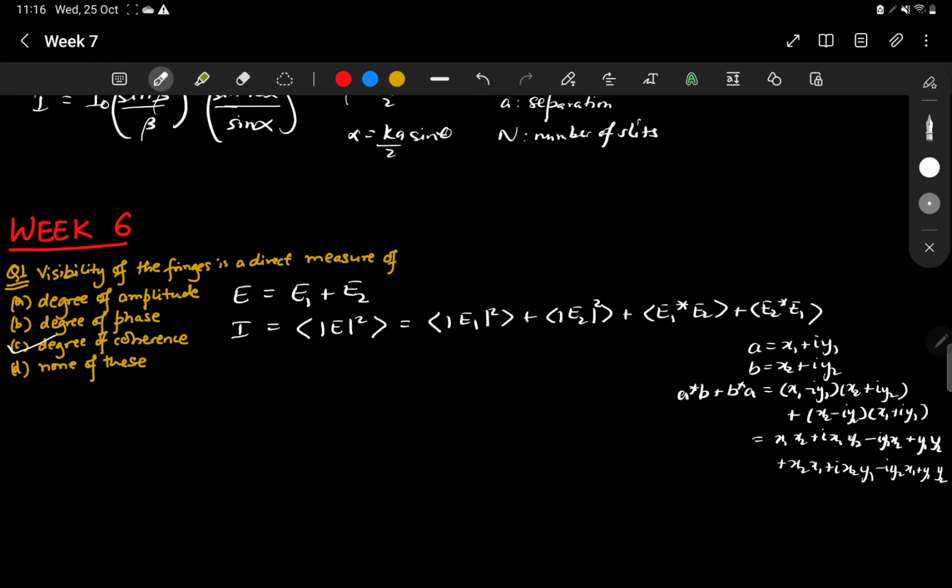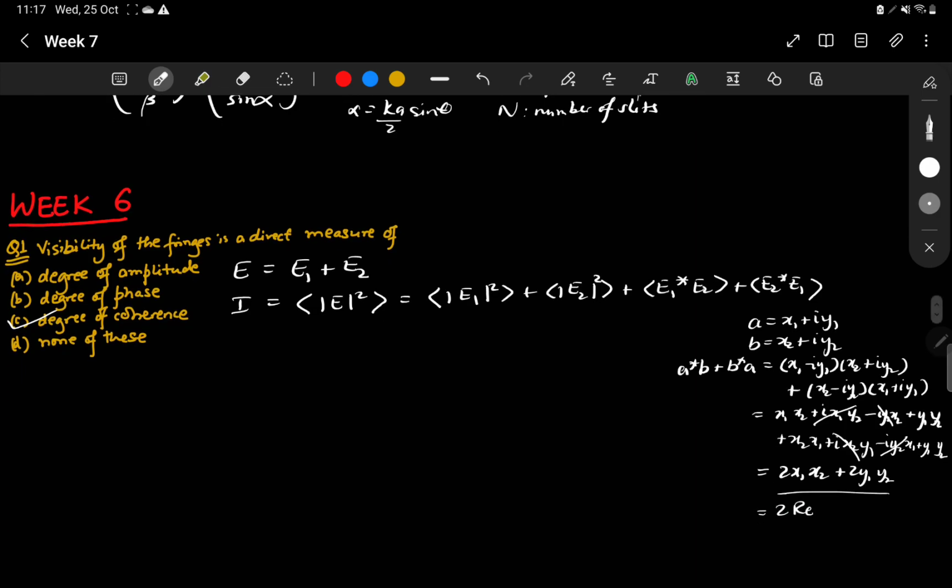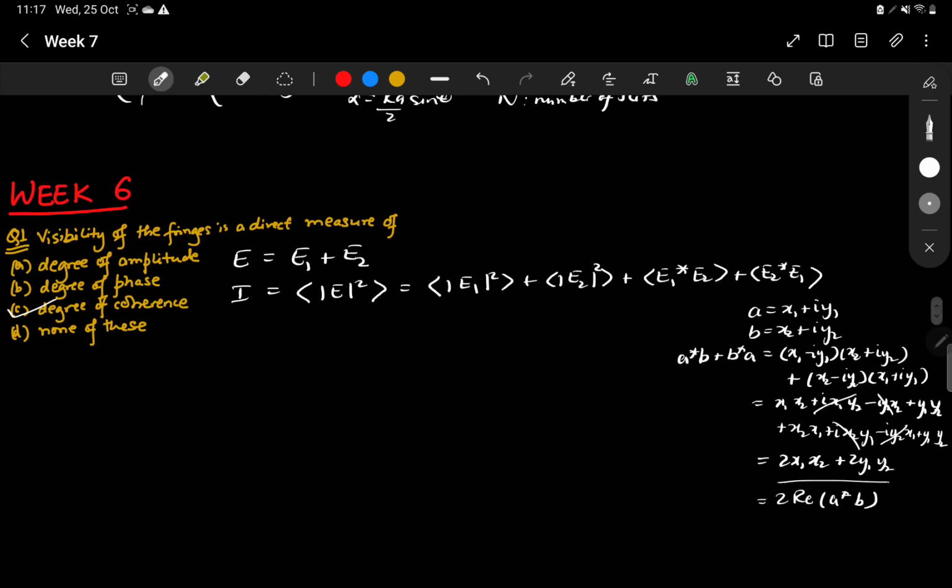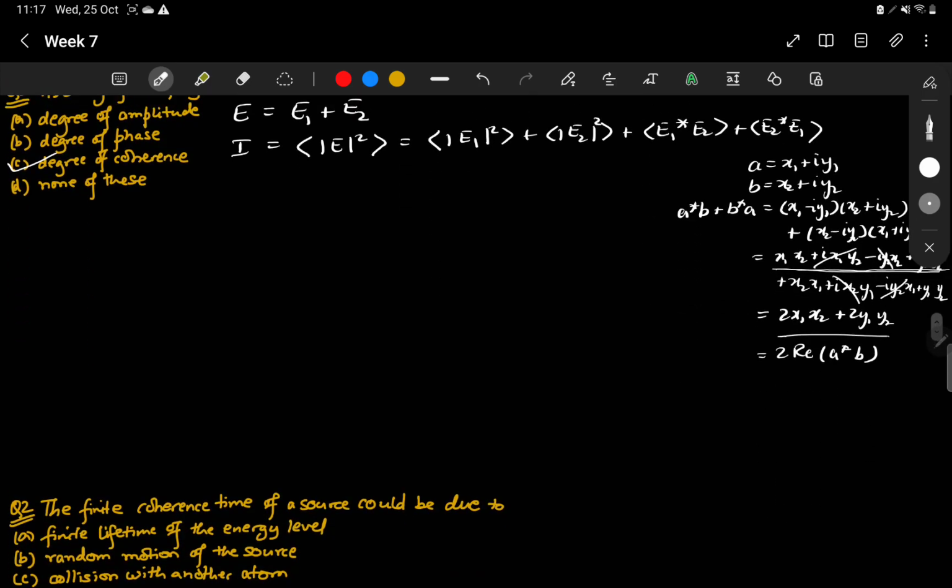We see that some terms cancel, this term cancels out with this term, this one with this one, so we get this. So this is basically 2 times the real part of a star b, because a star b is this and the real part is x1 x2 plus y1 y2.